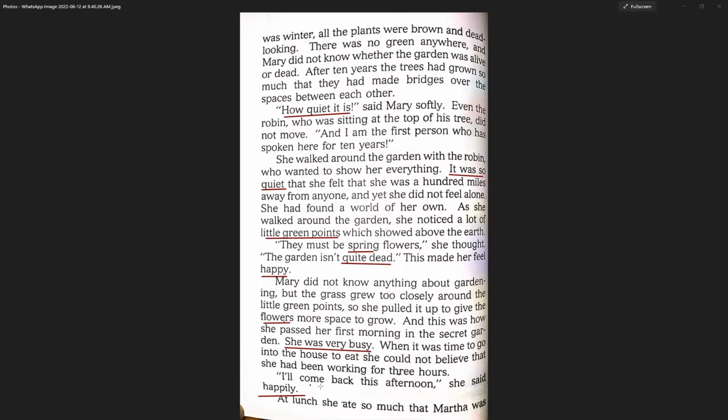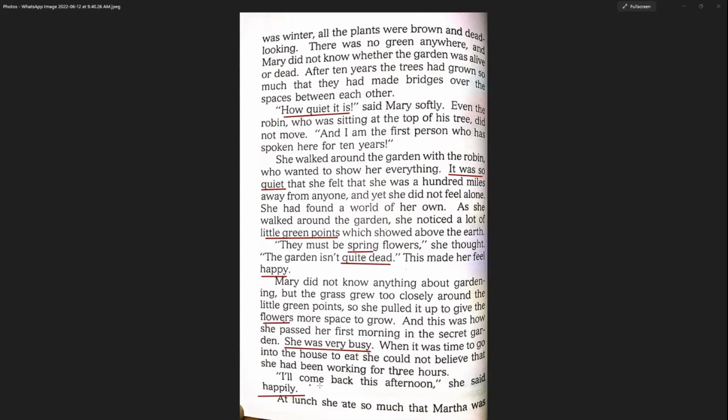Why do we say so? What is the reason? Who can? Mary found the secret garden. Yeah, she found it, and she was so happy.